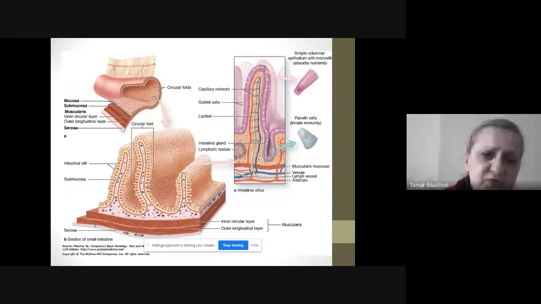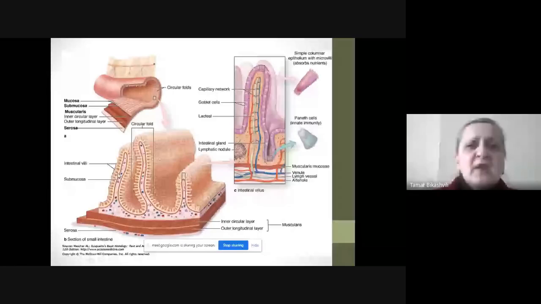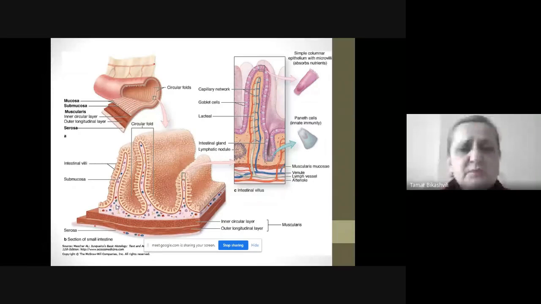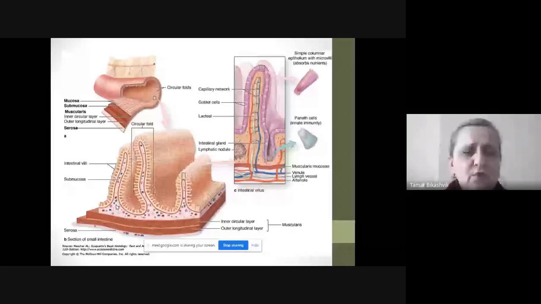You can see the circular folds here. The name of these folds is plicae circulares, and mucosa with submucosa form such circular folds.